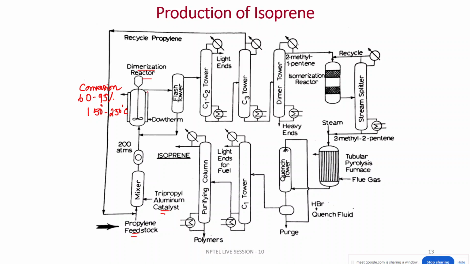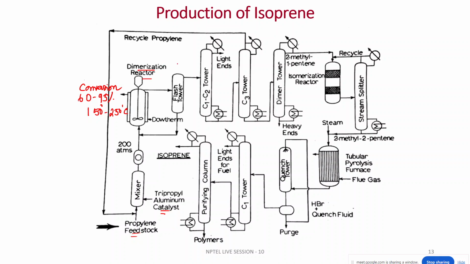From this reactor the product is taken to the flash tower. The top product has 2-methyl 1-pentene, that was the dimer product of the first reaction, which we discussed in the last slide for chemical reactions.